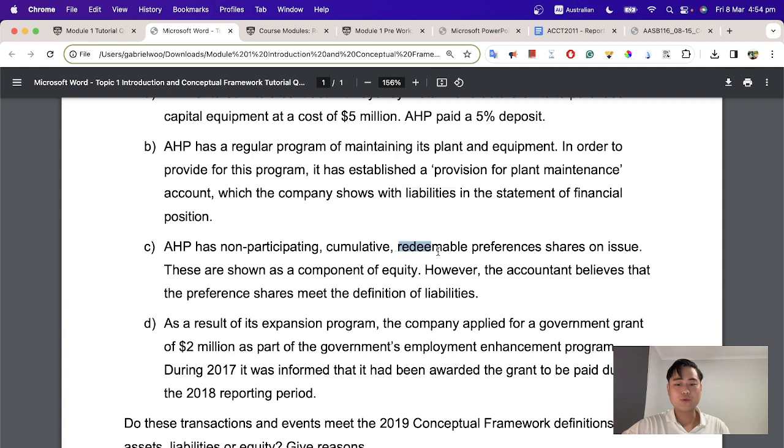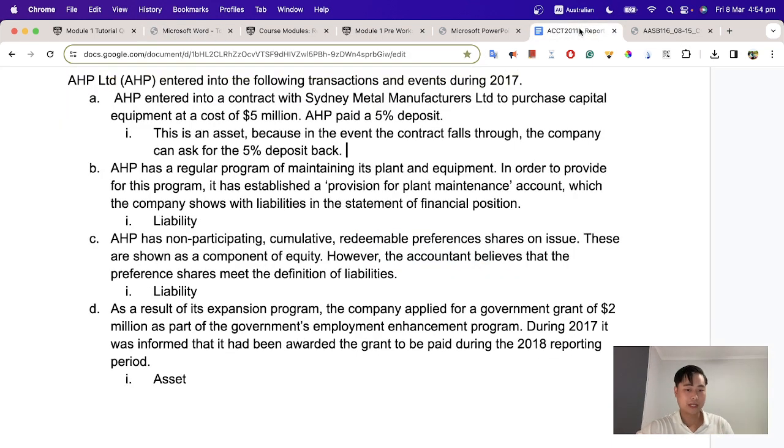Once again, because these are redeemable, they are liabilities. Equity cannot be redeemable by definition. Who's going to redeem equity? The other equity holders? That doesn't count, right? So because it is shown as a component of equity but it is redeemable, therefore it is a liability. Make sure that's right. That is correct.